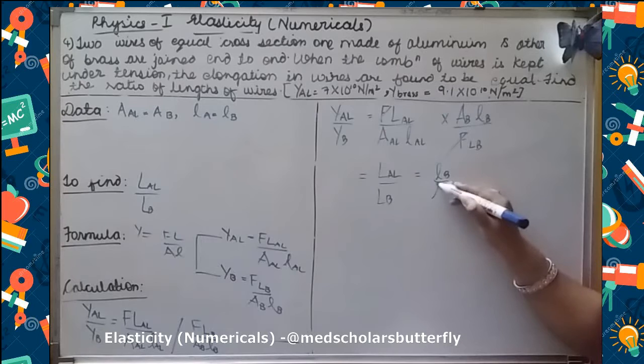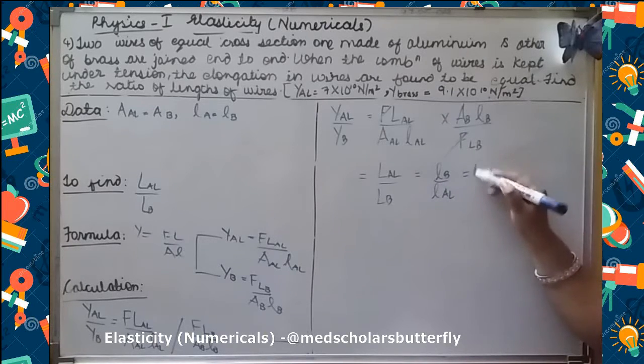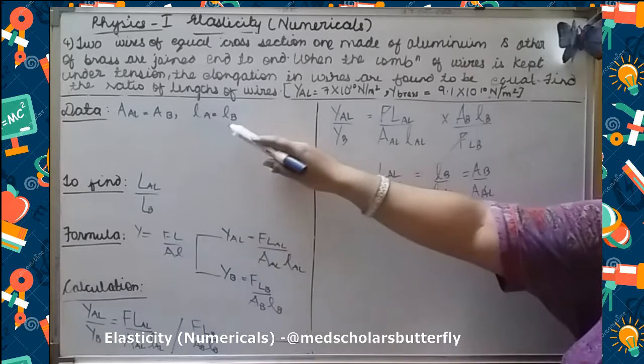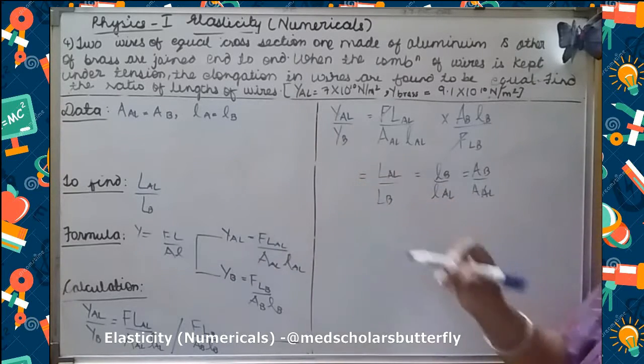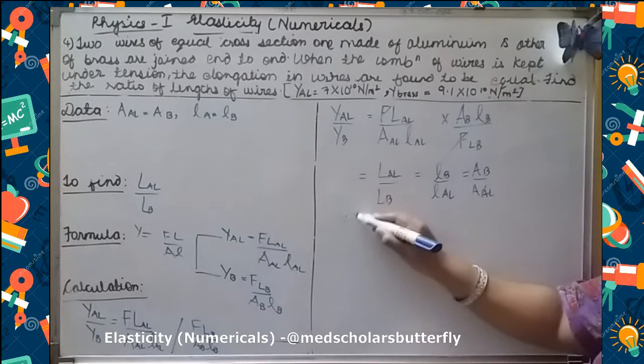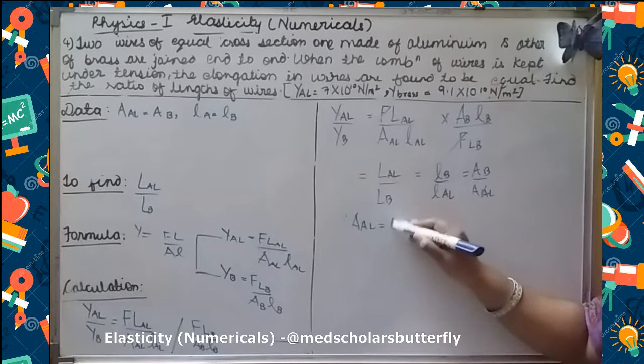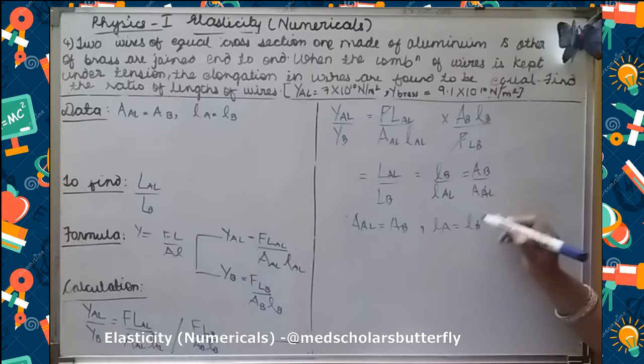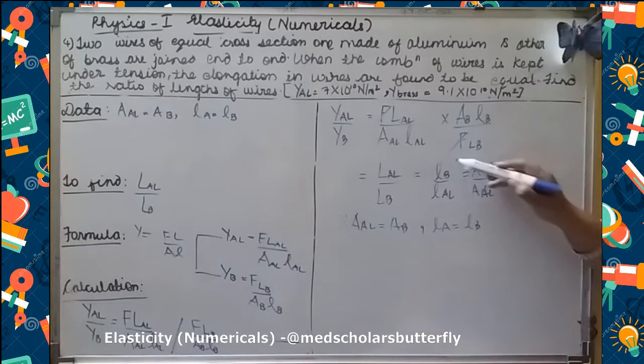Small l and a b upon al. But since we know that area of cross section is equal, and also this is equal, that means this will be equal and this will be equal.